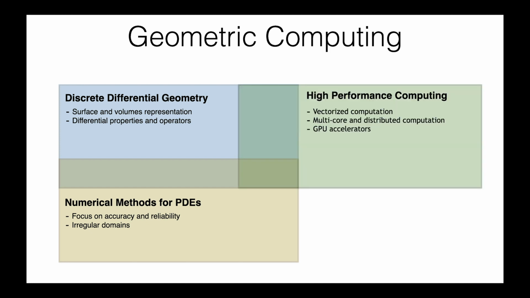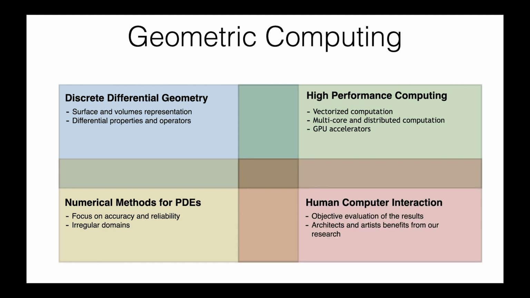High performance computing allows us to compute our results in reasonable time, in particular taking advantage of vectorized computation and GPU acceleration. And there is a part of human-computer interaction, because the algorithms that we expose need to be used by people that don't necessarily have a technical background.